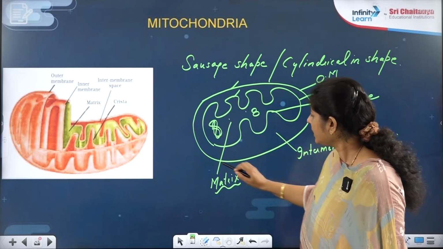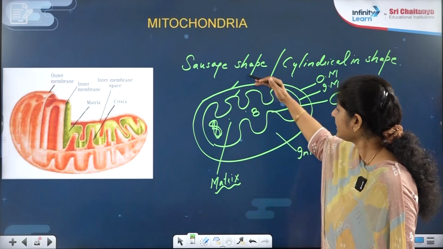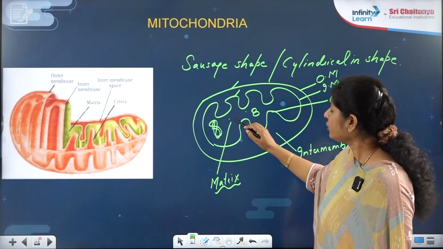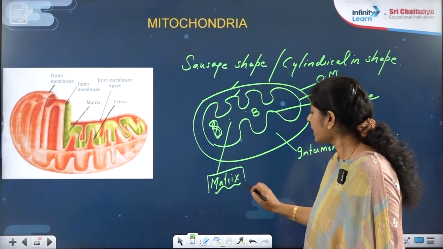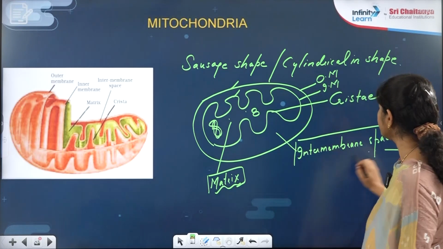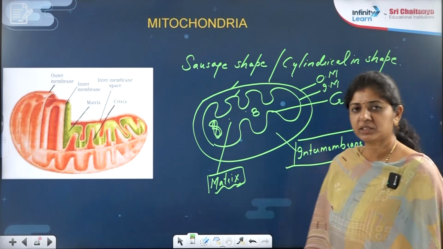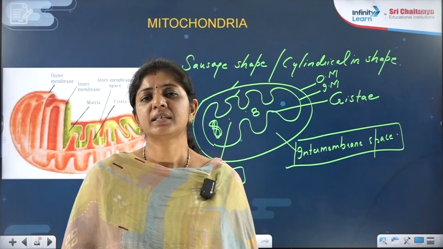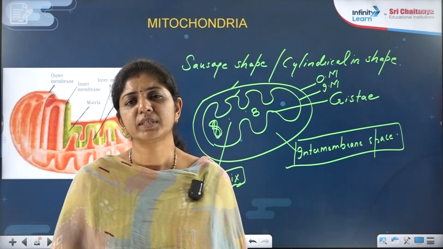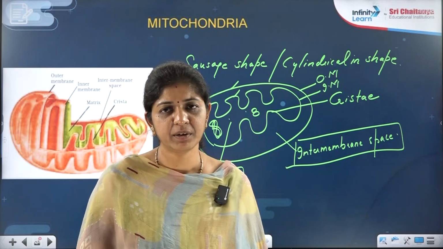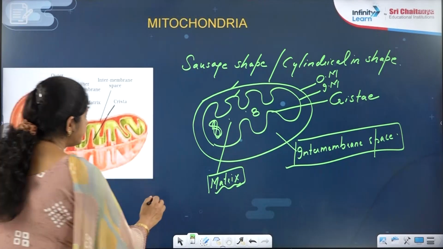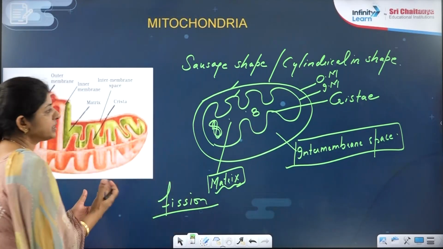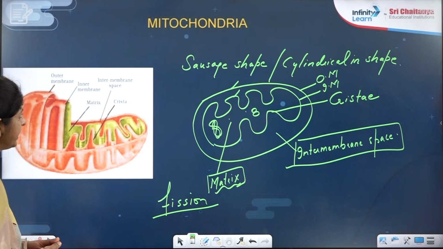But the outer membrane is what? Continuous. These two membranes divide the mitochondria into the matrix and the intermembrane space. And function, just now I said, they work as the powerhouse of the cell, because they form ATP. Fine, and they divide by the process of fission. They just divide and duplicate themselves.